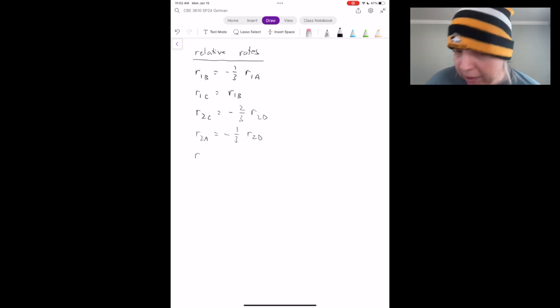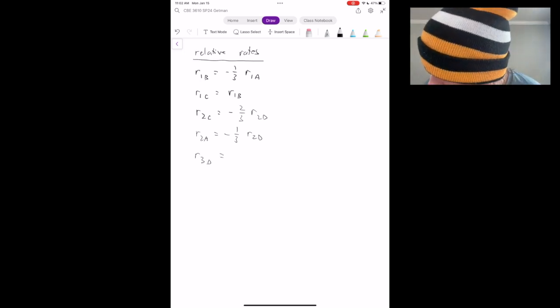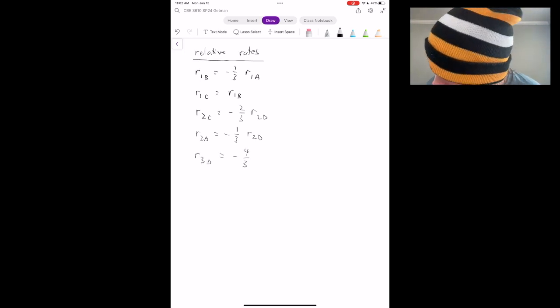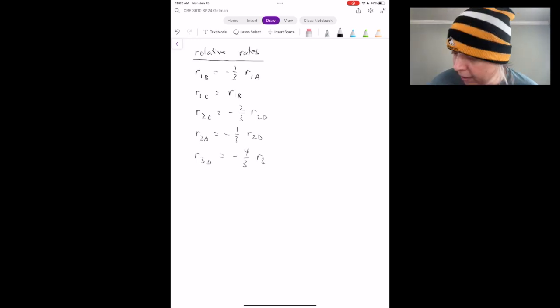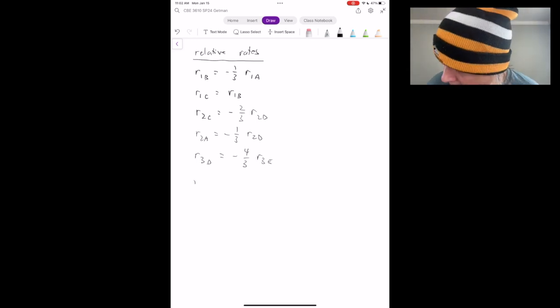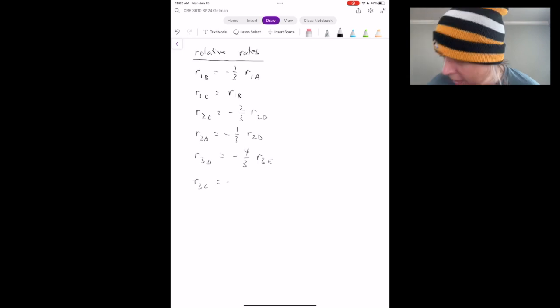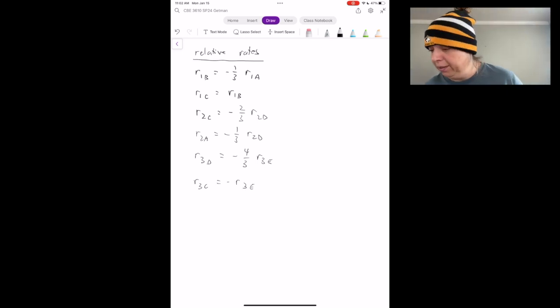R3D is equal to negative 4/3 R3E, and R3C is equal to negative R3E. So that should be the relative rates.